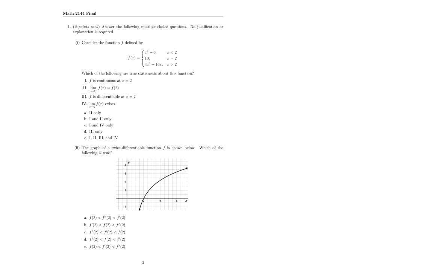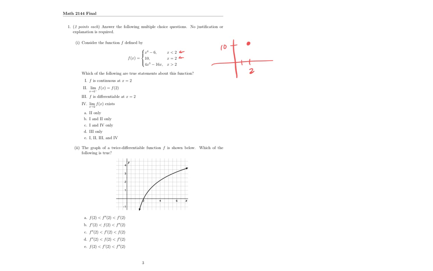So one thing we might do is try to think about what a graph of this function might look like. I know that at 2, the function is defined to be 10. So that point can be plotted there. I know that for x less than 2, it will be given by x to the fourth minus 6.